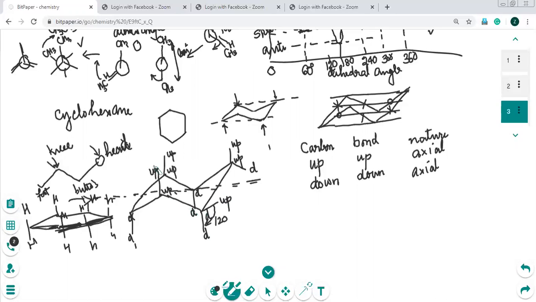And now, what about here? You have drawn the up bond, so the down bond at 120 degrees. This is 120. This is a down bond. Now here, this is a down carbon, the down bond is axial. Now you have 120 degrees, you have an up bond.